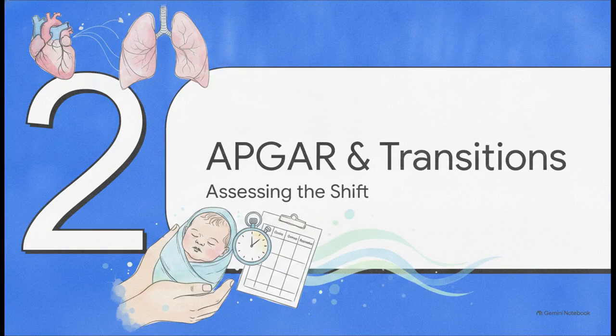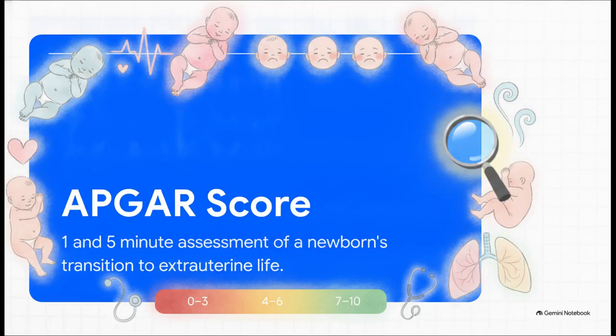Moving on to Section 2, APGAR and First Transitions. We're going to apply this strategy to the very first moments of a newborn's life. Now, the core purpose of APGAR is actually really fascinating and honestly kind of misunderstood a lot of the time. We do it at 1 and 5 minutes after birth, and yes, sure, it stands for appearance, pulse, grimace, activity, and respirations. But please, don't just obsess over memorizing the exact points.